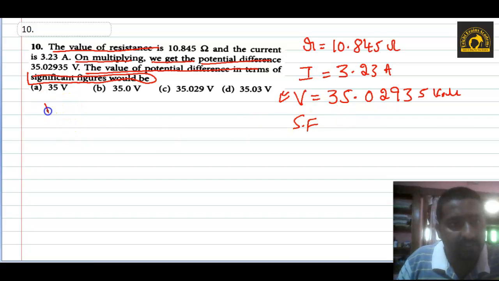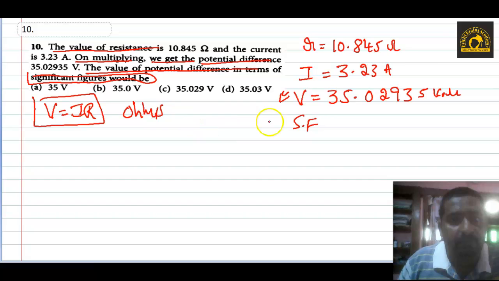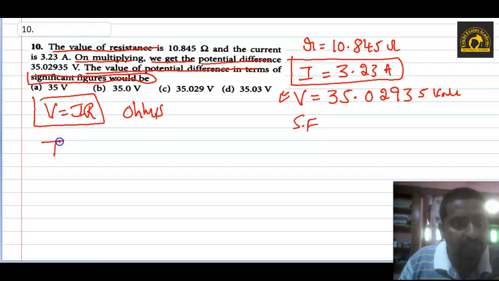So V is equal to I into R, according to Ohm's law. Now, the accurate significant figure is 3 because the current has 3 significant figures. So the correct number of significant figures is 3.